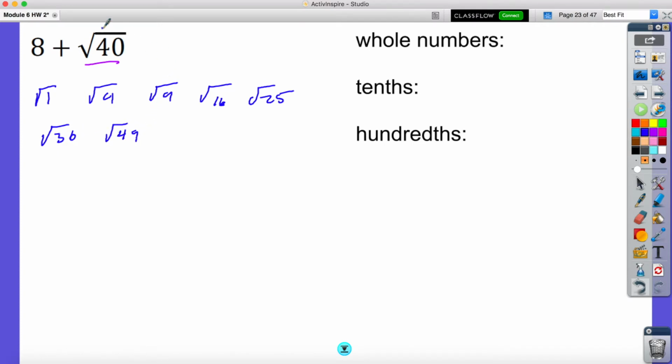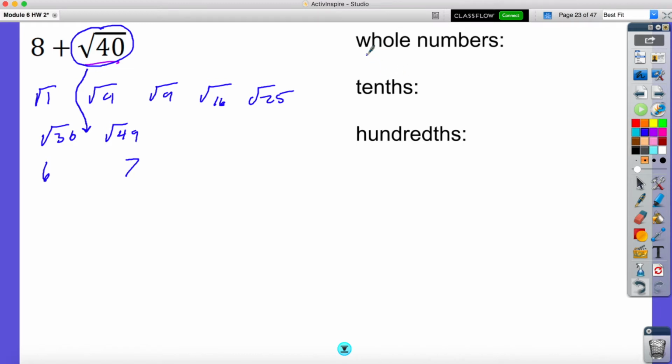And you notice the square root of 40 is in between these two numbers. The square root of 36 is 6 and the square root of 49 is 7. Therefore, I know the square root of 40 is somewhere between 6 and 7.